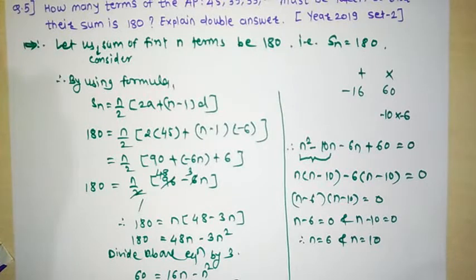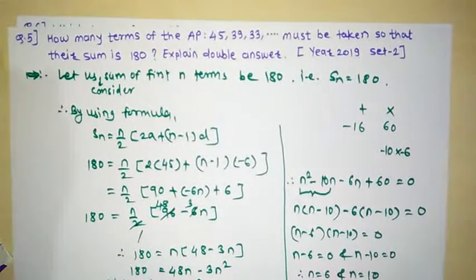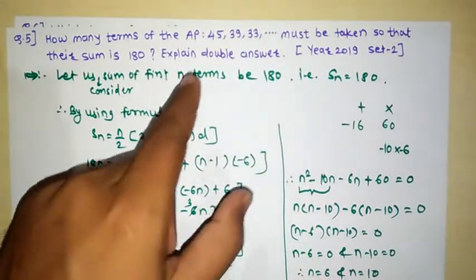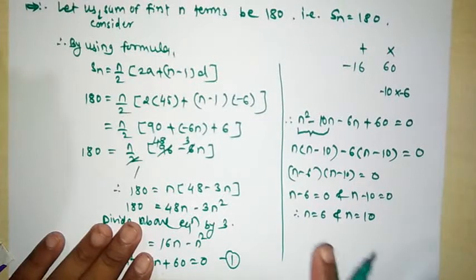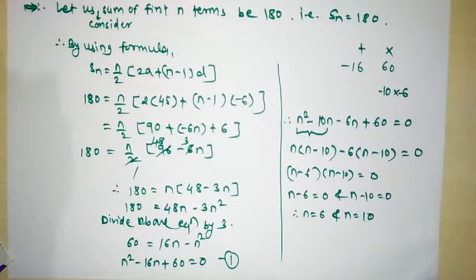See here friends, in our AP, what is the AP? In the AP, 45, 39 and 33, the numbers are decreasing. Numbers are decreasing after some terms. Means after a few terms, there will definitely be negative terms. Therefore, after the sixth term, some terms are negative and some terms are positive.